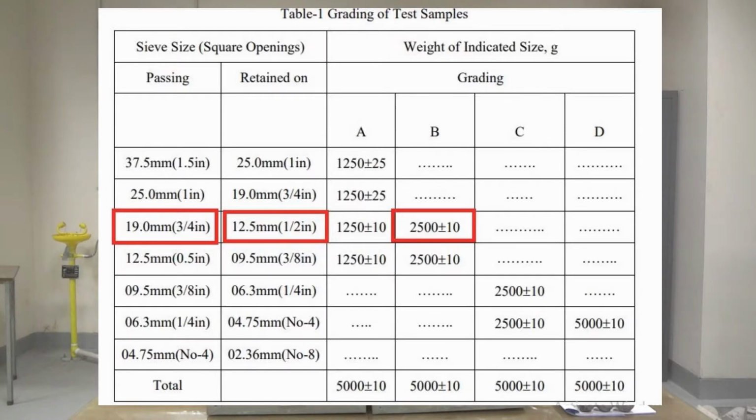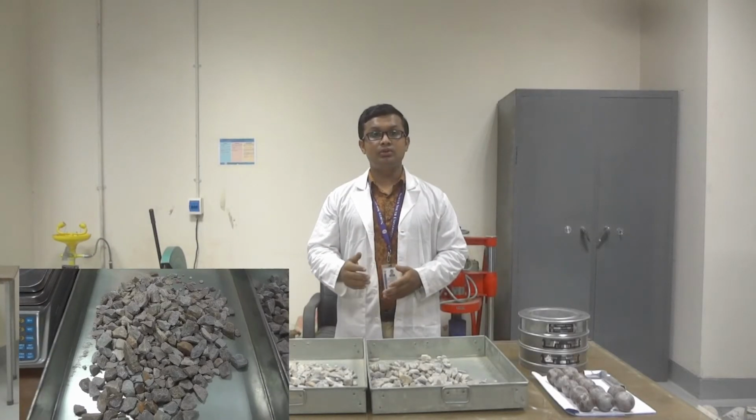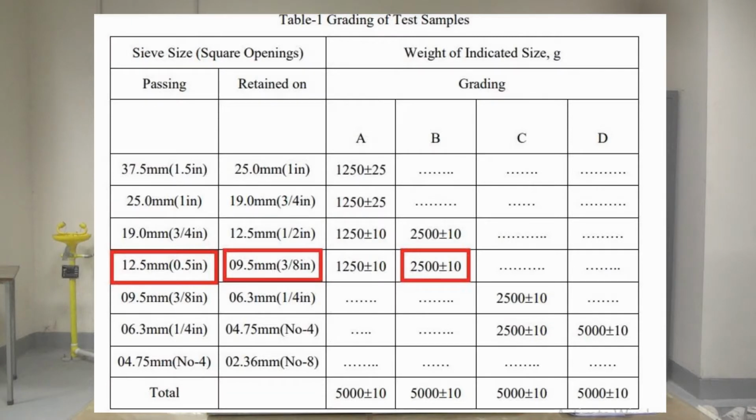A total of 2.5 kg of material passing the 19 mm sieve and retained on the 12.5 mm sieve, and also 2.5 kg of material passing the 12.5 mm sieve and retained on the 9.5 mm sieve.